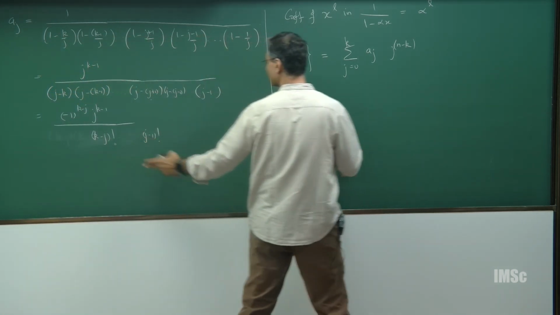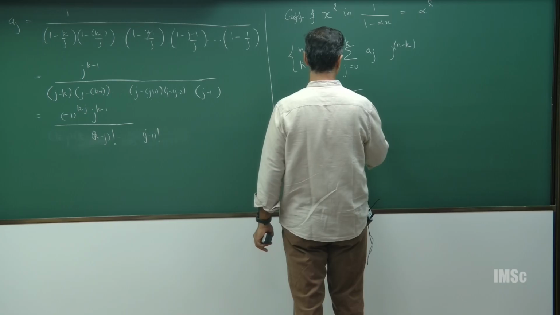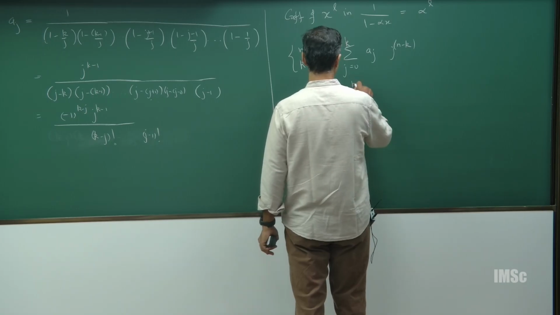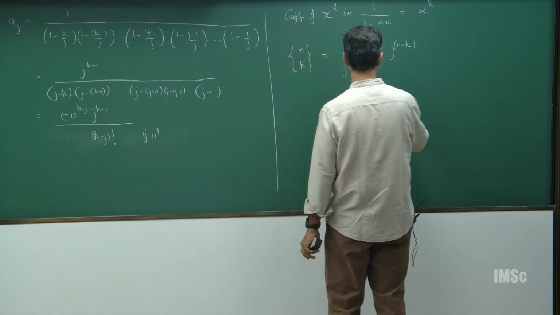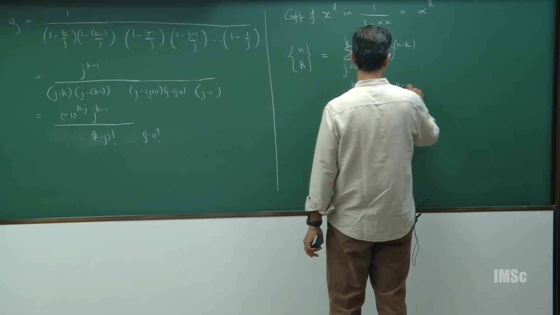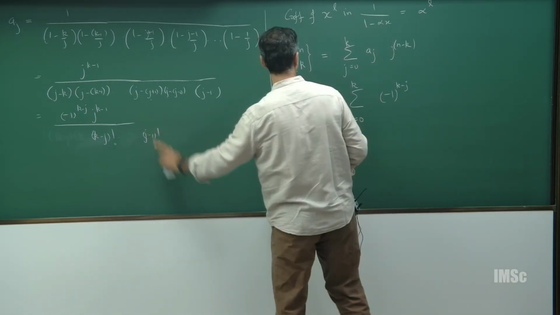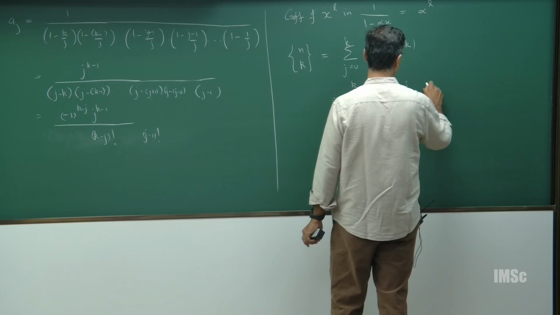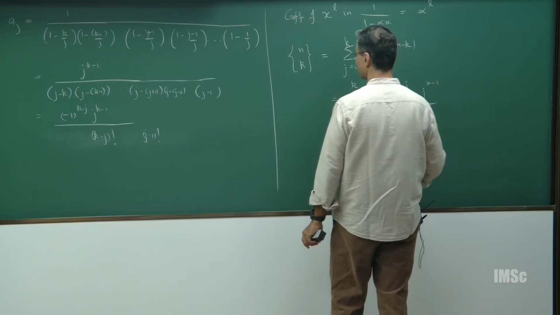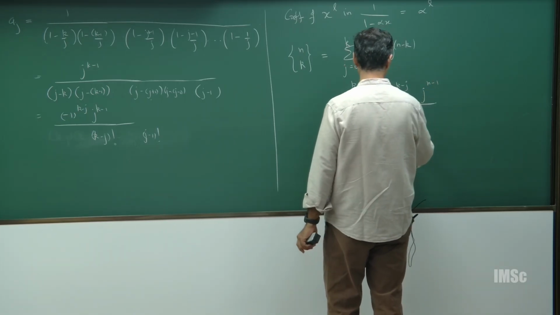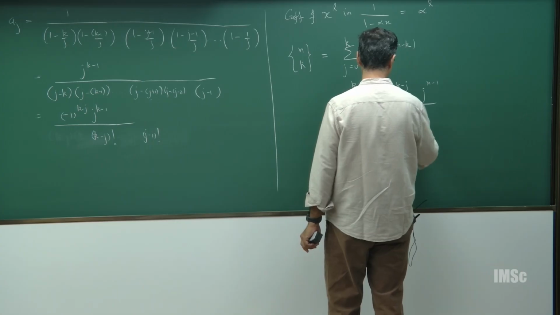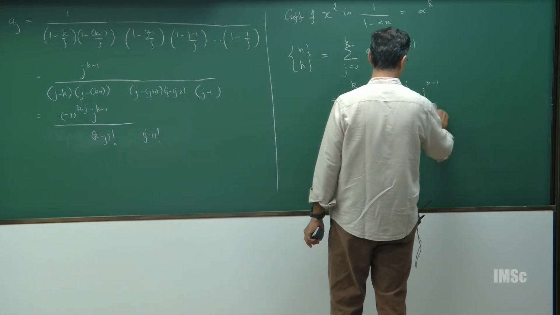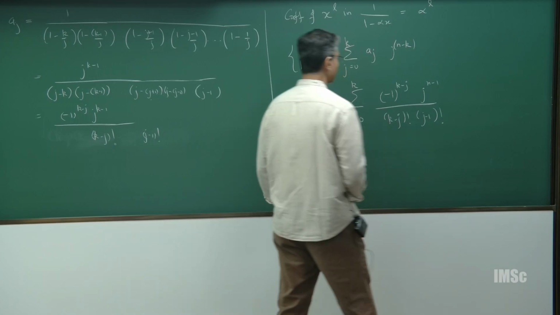So, if we substitute this here, we will get minus 1 k minus j raised to k minus 1 into j raised to n minus k, that is j raised to n minus 1, upon these factorials. Okay.